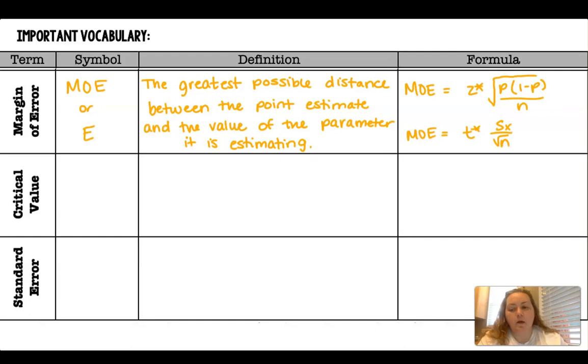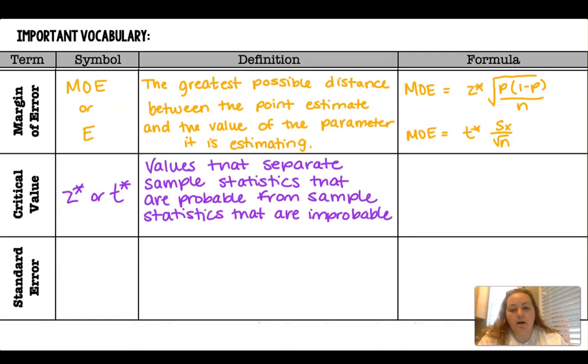Your critical value is either going to be Z star or T star, depending on the type of data you're working with. These are values that separate sample statistics that are probable from sample statistics that are improbable. To find these, we would use a table or our graphing calculator.